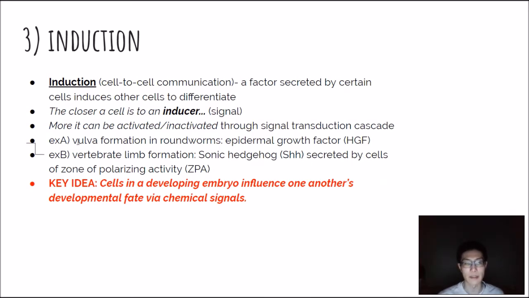An example is that vulva formation in roundworms is mediated by EGF, the epidermal growth factor, and vertebrate limb formation is often mediated by sonic hedgehog genes secreted by cells of the zone of polarizing activity, or ZPA. Lots of information over here, but the key idea is that cells in a developing embryo influence one another's developmental fate via chemical signals through a process called induction.